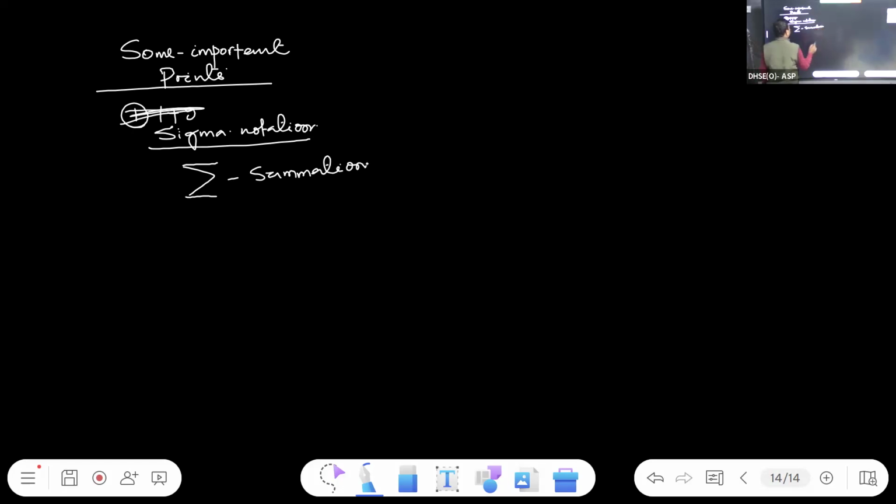So first write down sigma notation. Sigma, or summation, means continuous addition. Sigma summation means continuous addition.